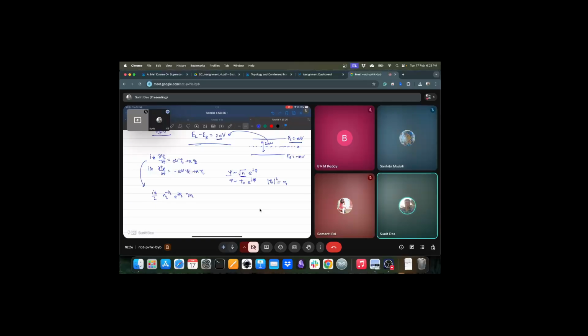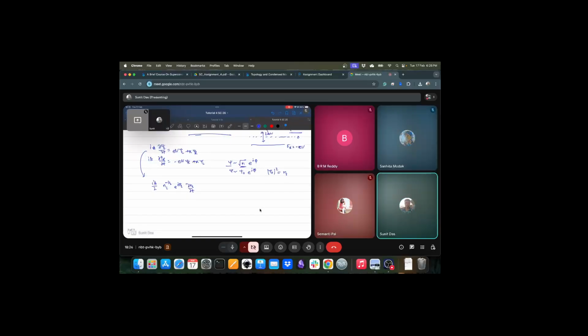del n L del t. Okay, so this is because the derivative of root x is 1 by root x. So this part is taken care of by n L to the power minus half, and then the derivative, minus h bar n L to the power half e to the power i phi L. So the iota comes, so the del t of e to the power i phi L will give me an extra iota, and this iota and this iota will give me an extra minus sign.